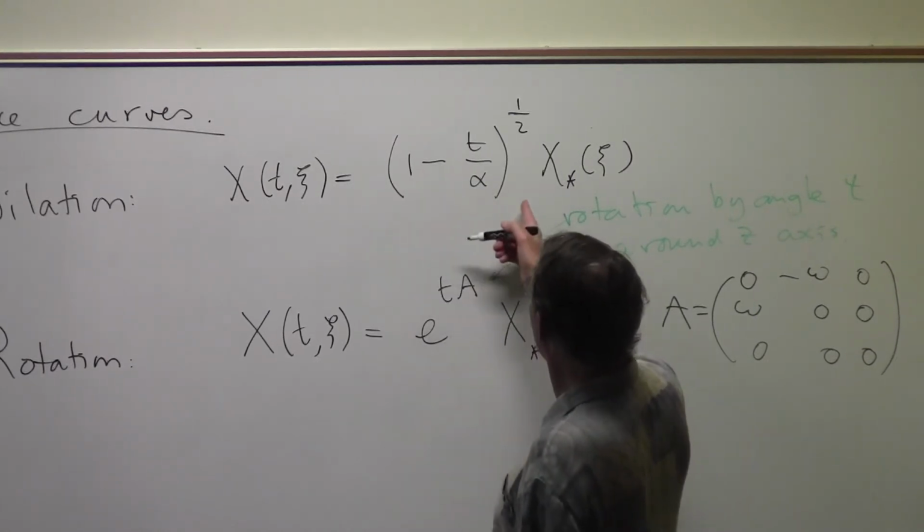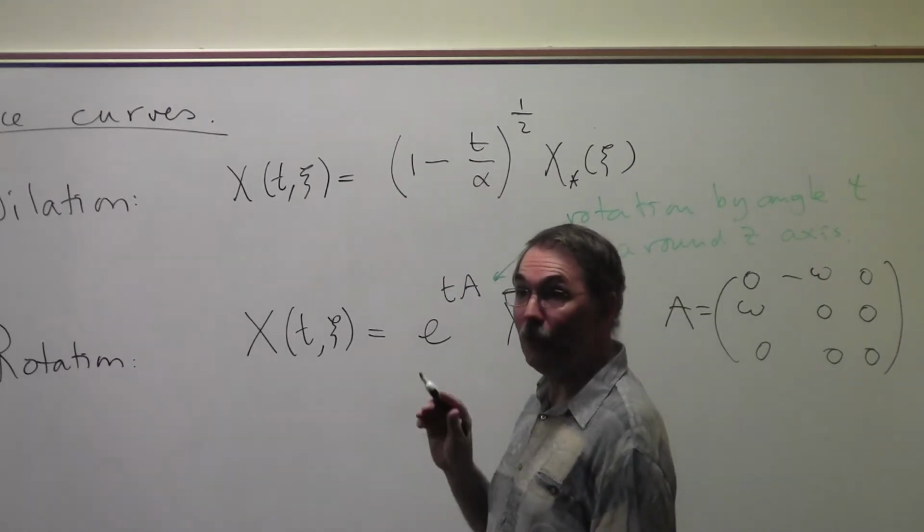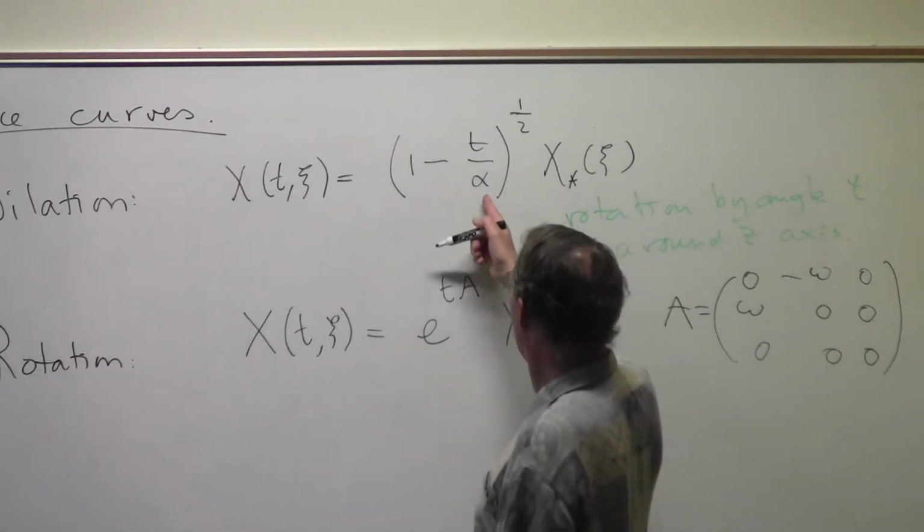Something that evolves by this will shrink to the origin at a certain time alpha.